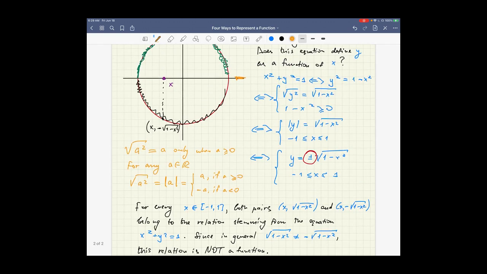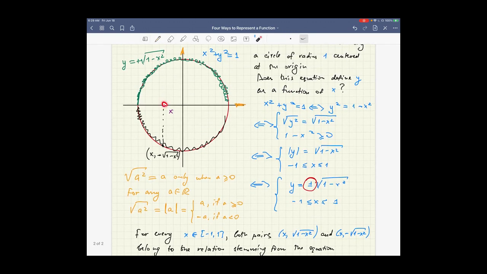That's not the case in our situation. We have an x and we have different y and z. I could think of this as y and of this as z, and clearly they're not equal. They're opposites of each other. And so this relation is not a function.